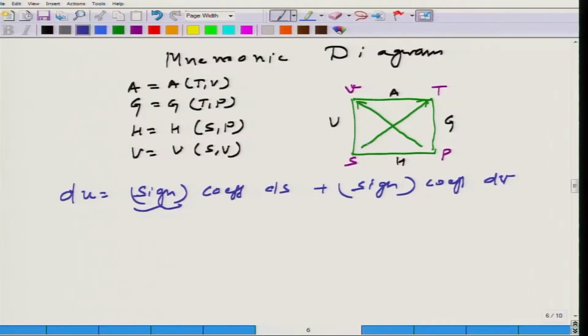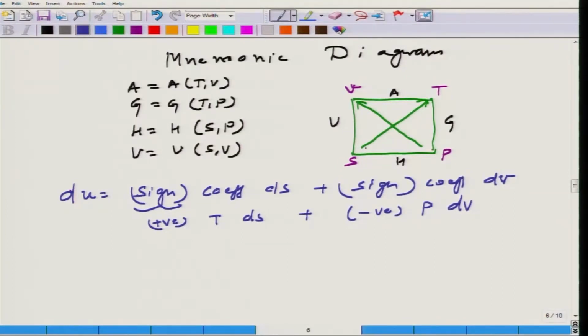If it is pointing away from S, then it's going to be positive, and the coefficient is where it intersects, that is T. So this becomes positive T dS plus, for this sign, V, which is towards itself, so that is going to be negative, and the coefficient is of course P, diagonally opposite to V. So the variables are at the end of the line here, and the coefficient is the diagonally opposite variable or vertex.